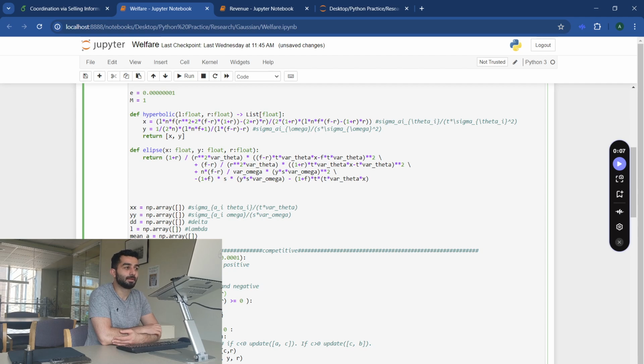So if lambda 0 does not work, while ellipse of x and y and R, ellipse is positive, it means B is inside. What is x and y? Greater than 0?